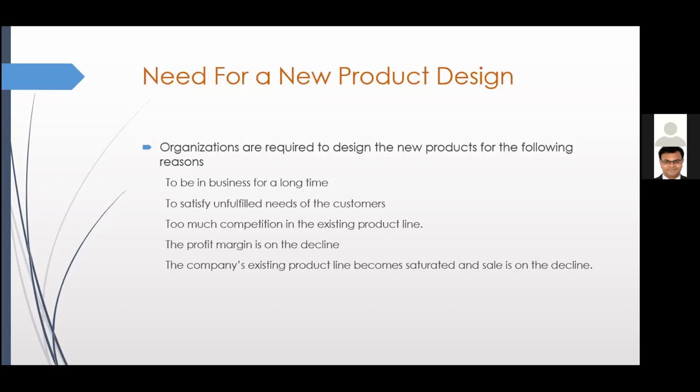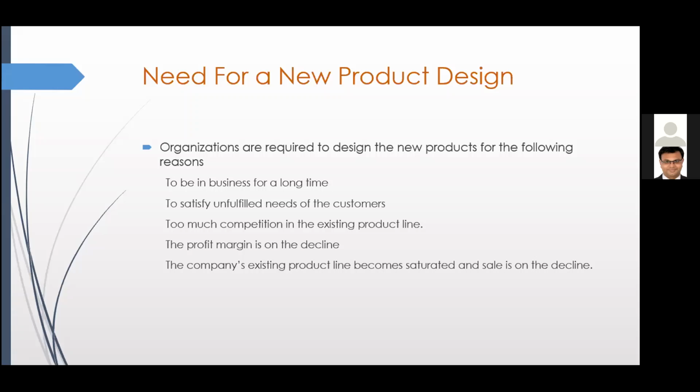And the company's existing product line becomes saturated and sales are on decline. If the same product is continued, no one will buy it. Take the example of a mobile phone: once you buy a type of phone, next time you will not opt for exactly the same phone you chose previously. That is customer tendency.